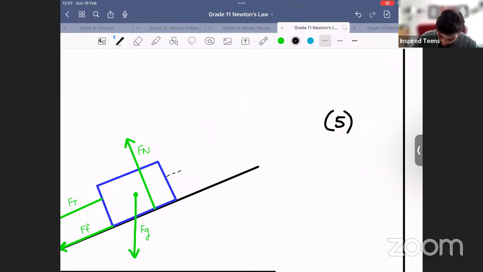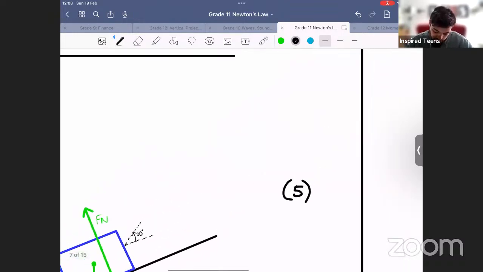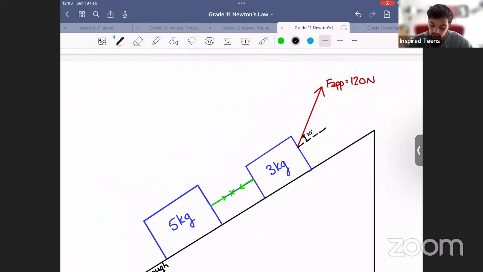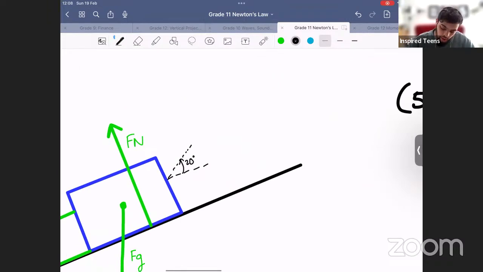A dotted line that's parallel to the surface, and then another dotted line indicating the angle. It's not compulsory to put the angle, but I would, just to make it neat and more specific. This is 20 degrees more up, instead of in line with the surface. We have an applied force, just like that. F applied.